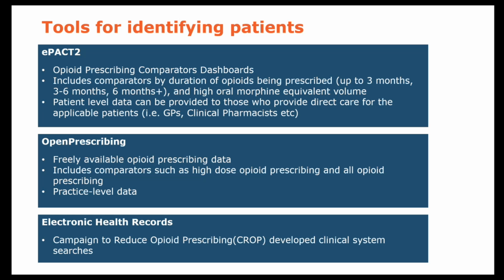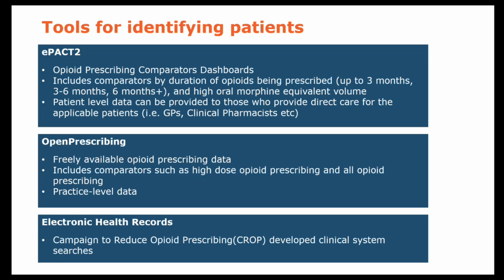Another source for identifying patients would be the electronic health records. So for example, EMIS or System 1. Within this, we'd just like to highlight the campaign to reduce opioid prescribing work, abbreviated to CROP.